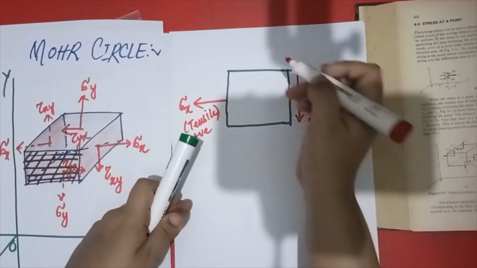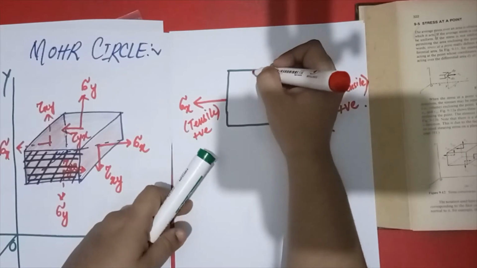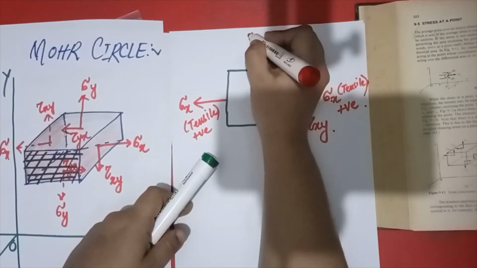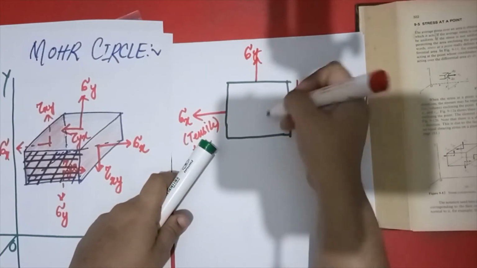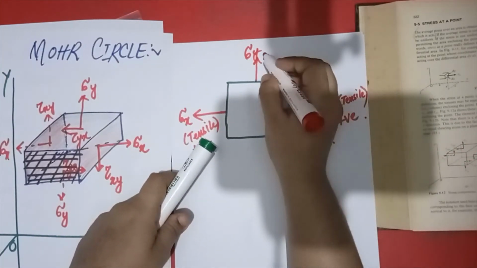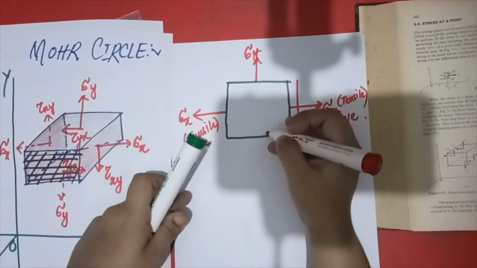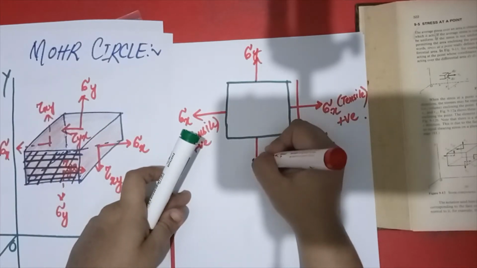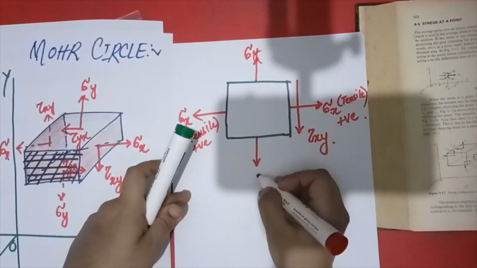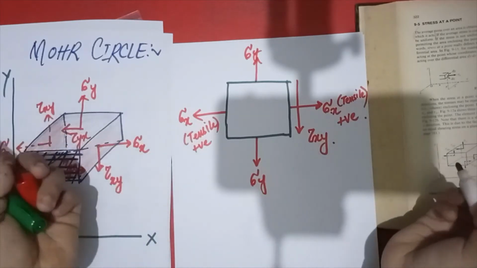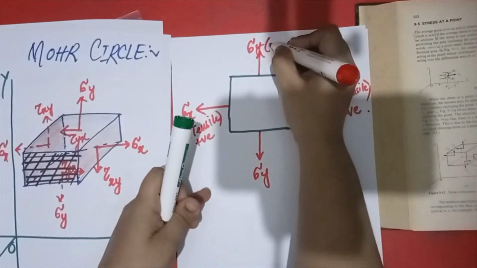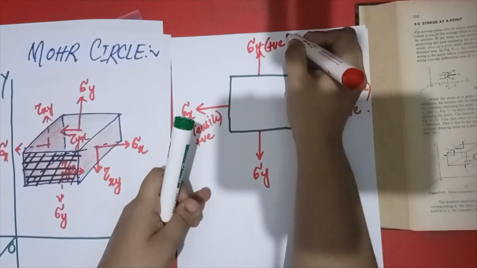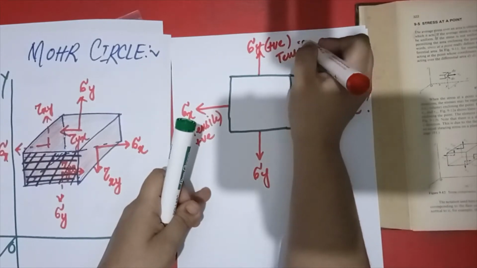Then this is sigma y. Sigma y is outward, so it is also positive, and the opposite sigma y will also be outward. Always keep in mind, this one should be positive and this is tensile.